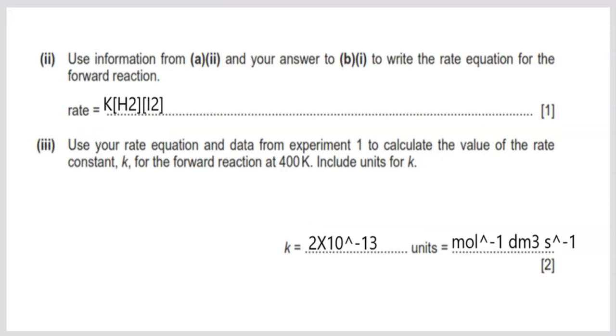Rate = K, concentration of hydrogen raised to the power 1 and iodine raised to the power 1, and by simply taking the data from the table, you get the K, that is 2 into 10 raised to power minus 13, and units you can calculate by just putting the concentration into concentration and units of rate, you can determine the K.